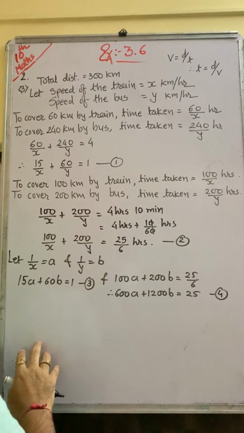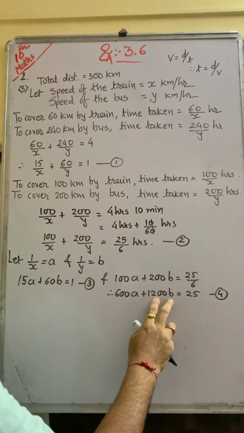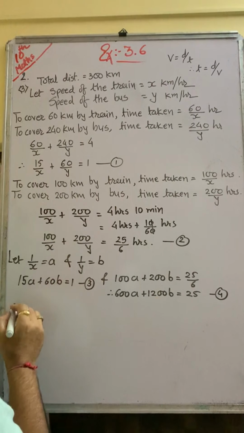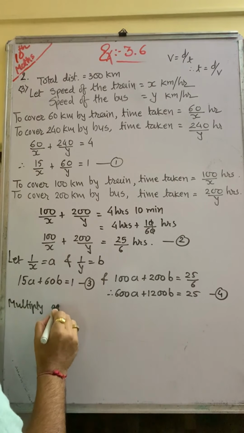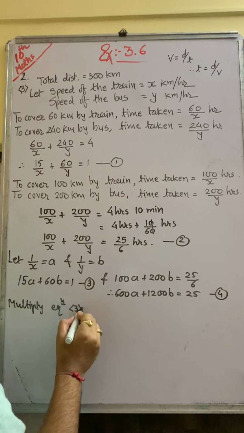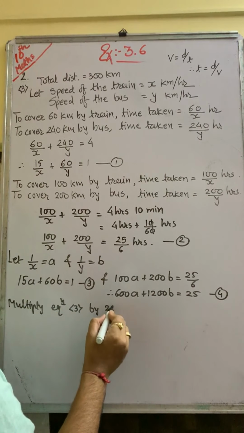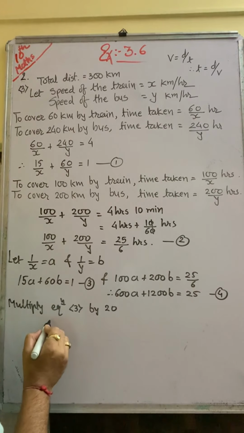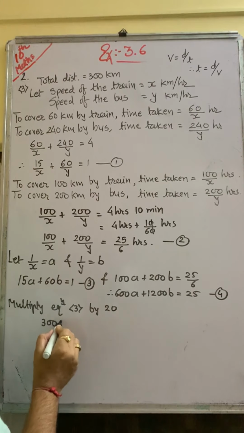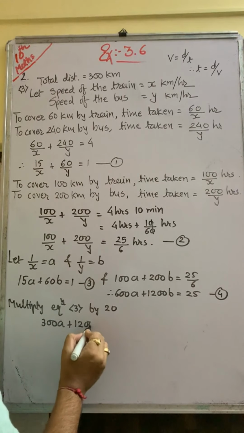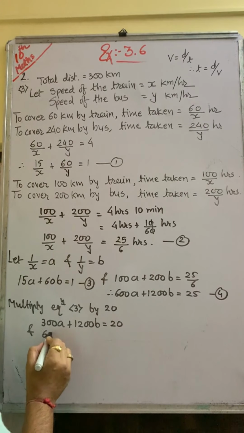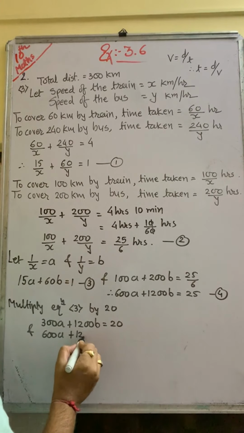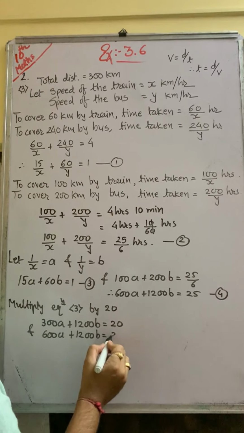To eliminate, suppose you want to make b same, then multiply the equation 3 by 20. 15 2s are 300a, 1200b, 60 20s are 1200. Here 600a plus 1200b, that is equals to 25.